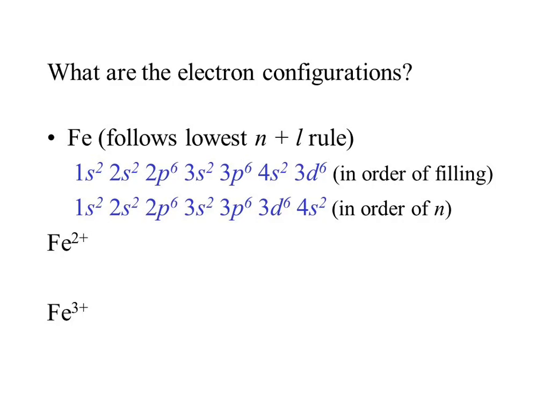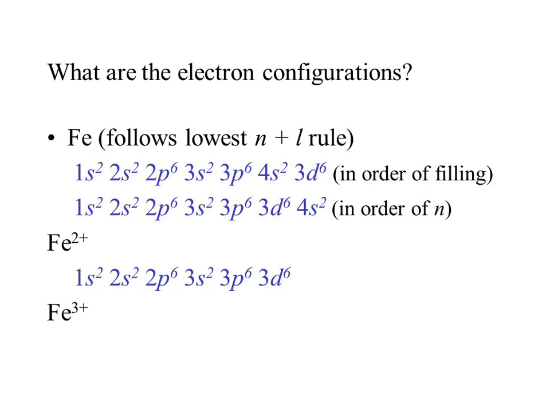Okay? In one case it loses 2 electrons, in one case it loses 3 electrons. But if you've done this correctly, you should be seeing 2 valence electrons right here, right? The highest N, N is equal to 4. 2 electrons in the 4s subshell. Okay, so those are actually going to be the ones that go when we talk about the iron, the Fe plus 2 cation.